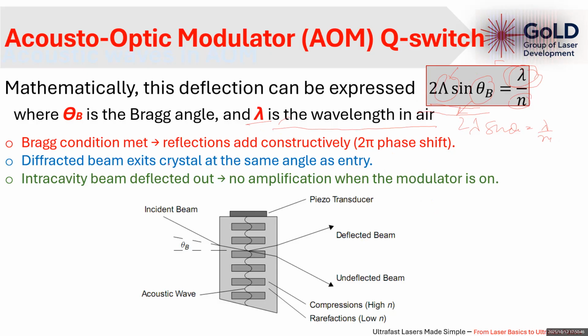Okay, so Bragg condition: reflection and constructive interference. A 2 pi phase shift, and whenever the waves pass through having constructive interference, you will see it at the output. And the second point: the diffraction beam exits the crystal at the same angle as entry.